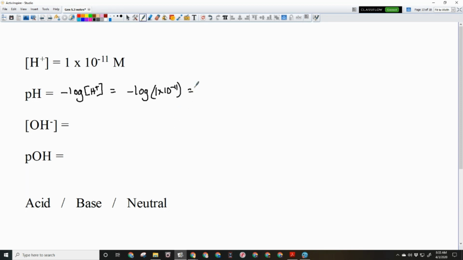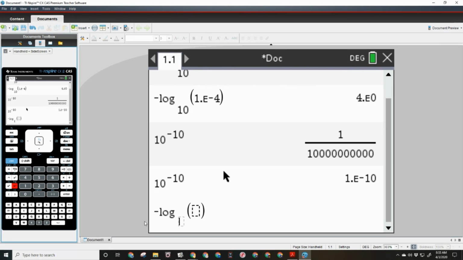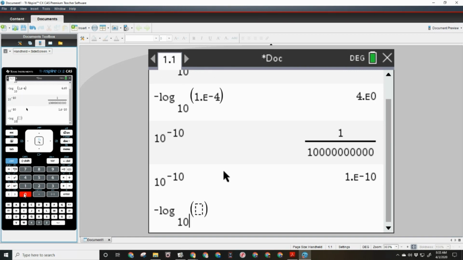Okay, so let's go to our calculator. This is the negative log, and it's base 10. Hit this button right here to get over here to this box. And it's 1 times 10 to the negative 11.